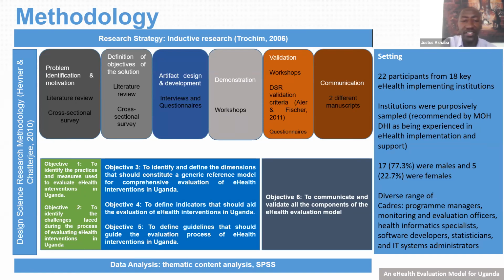And we also understood the challenges they were facing in doing that. And then stages 2 up to 3 helped us achieve the objectives where we wanted to define the scope and what would be entailed in the model that we were developing.